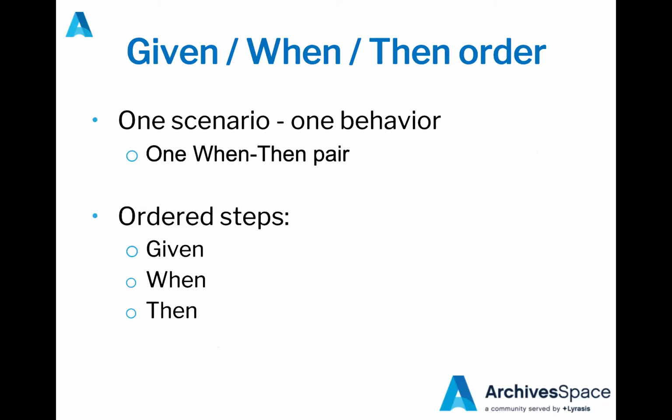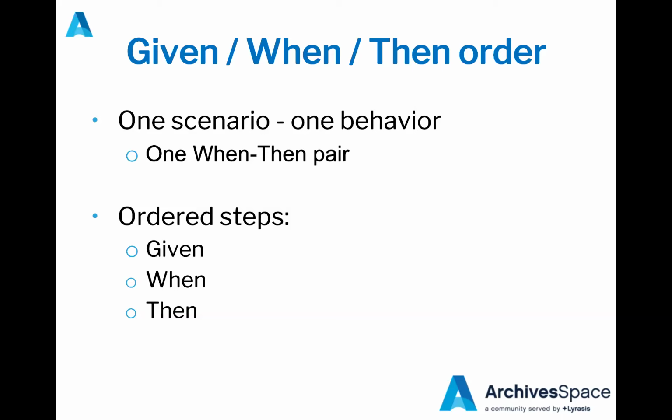It is important to note also that these given, when, and then steps are ordered. They must appear in this order and they cannot repeat. This means that a given may not follow a when or a then, and a when may not follow a then. They have to appear in this given, when, then order.